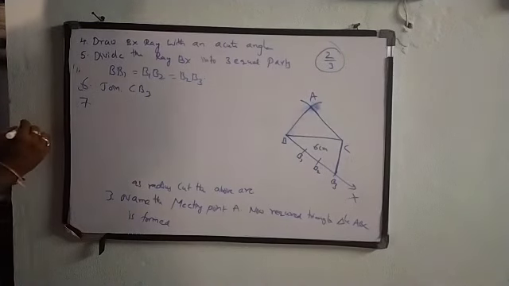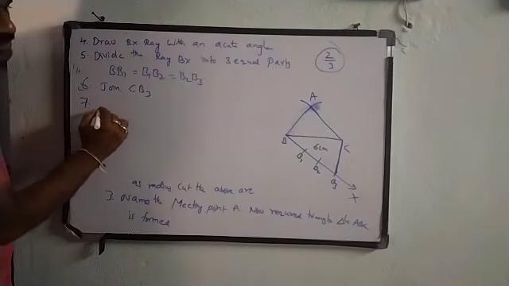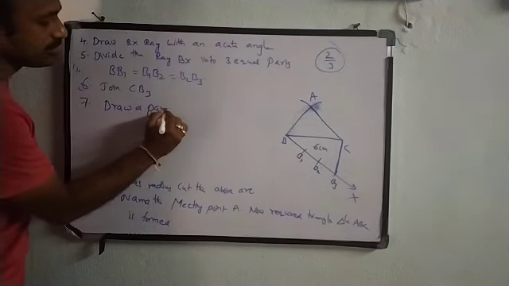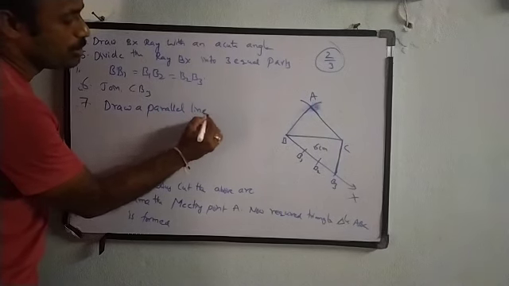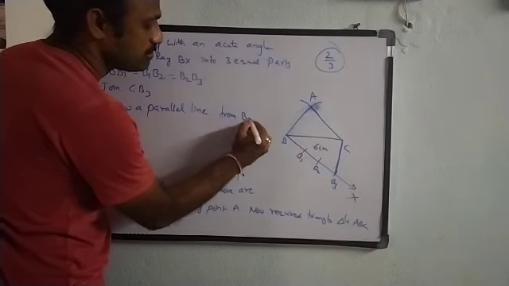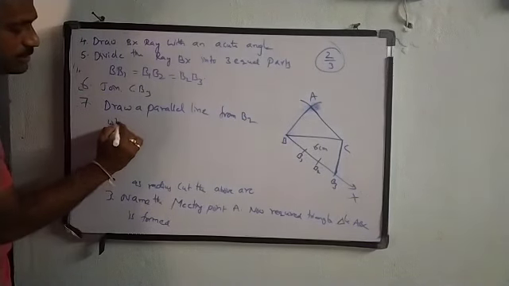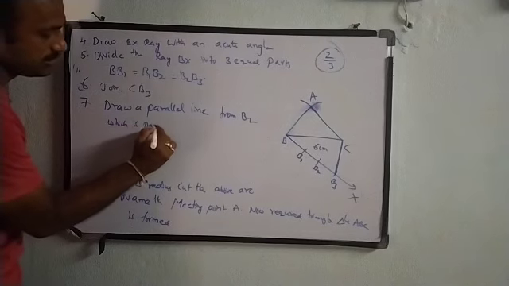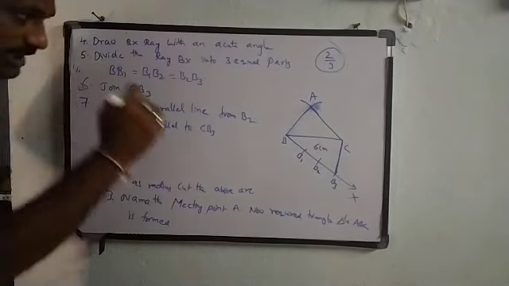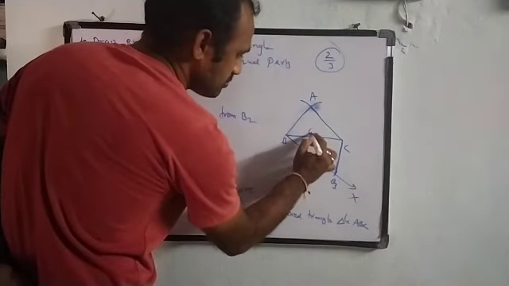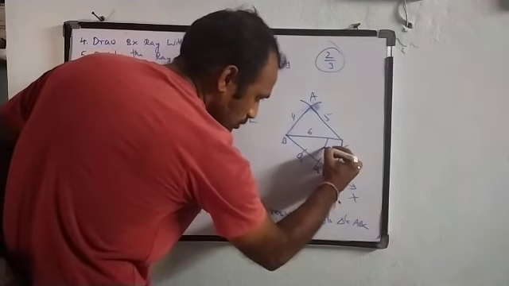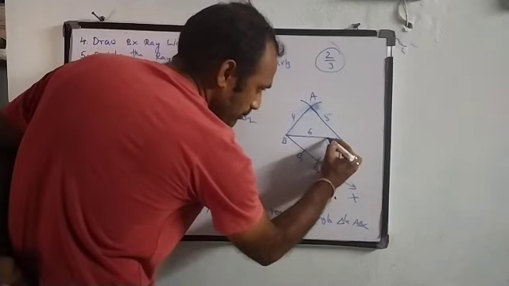Now the seventh point is: draw a parallel line from B2 which is parallel to CB3. Let me draw properly.